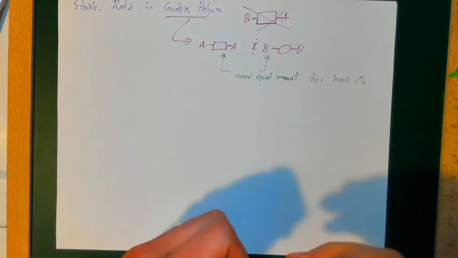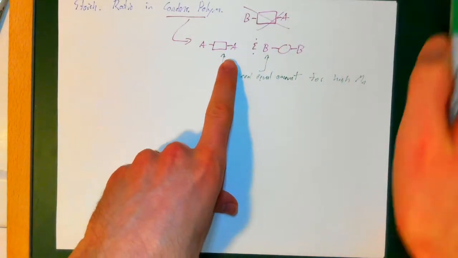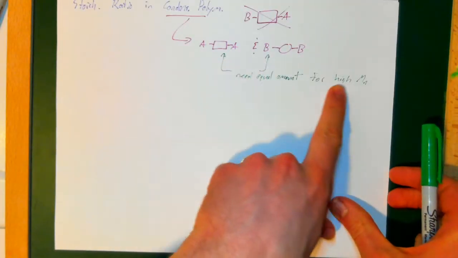We need an equal molar ratio of these two monomers to get a high molecular weight polymer.